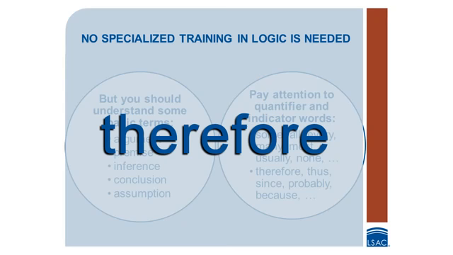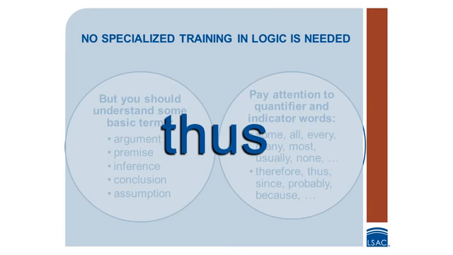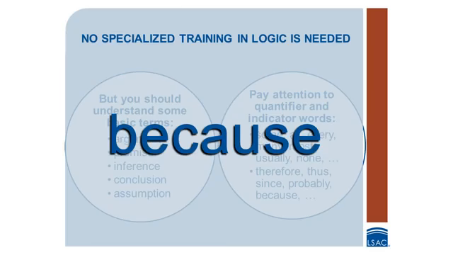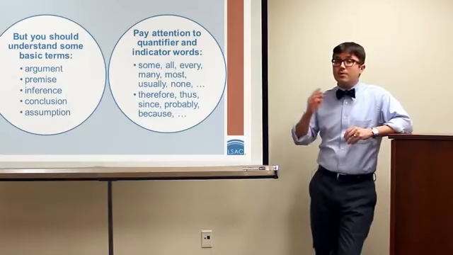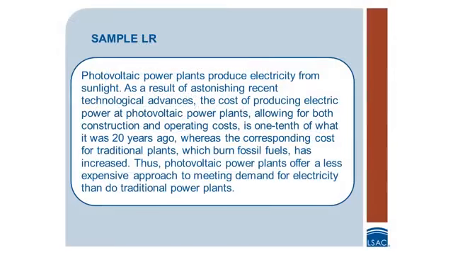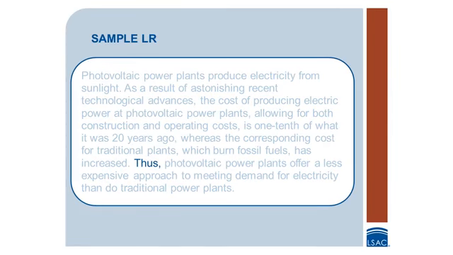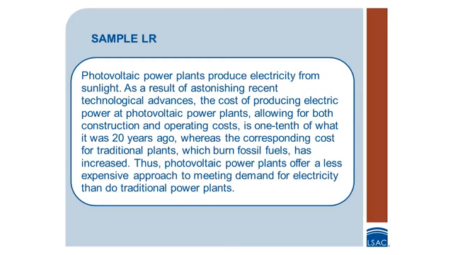Words like therefore and thus, which indicate conclusions, or words like because and since, which indicate premises. When you see these words on the test, they can be very helpful because they indicate the structure of the argument. If you look back at the sample LR question we discussed, you'll notice a very conspicuous use of the word thus. In fact, paying attention to that word, thus, is the first clue in understanding that question and getting it right.